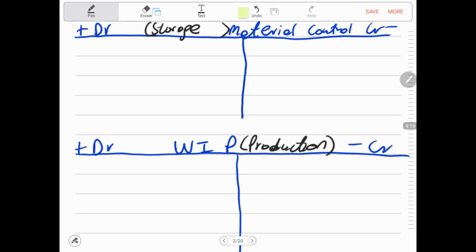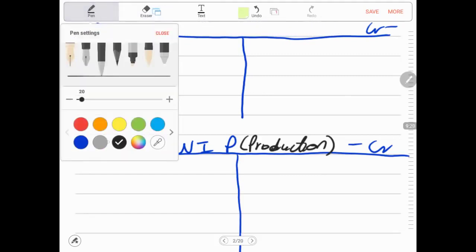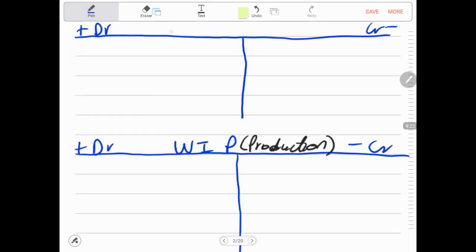We buy material and we keep it in the storage. The storage is called material control, where we keep all the materials that we have. So all the material will be kept in this material control ledger account.